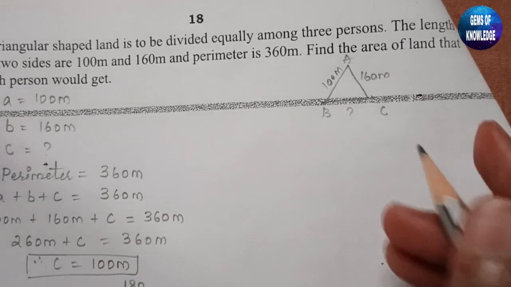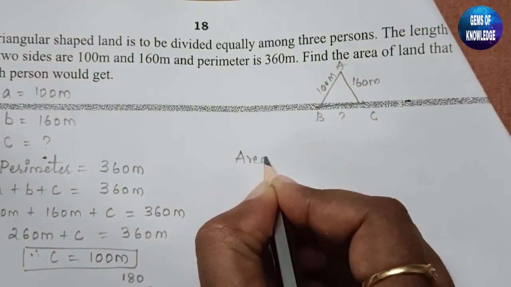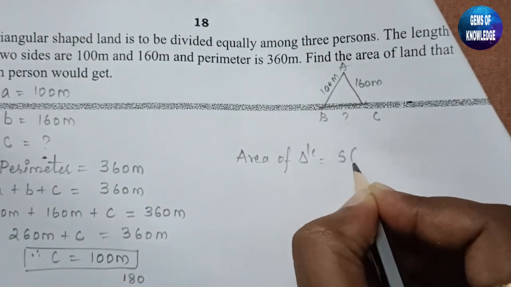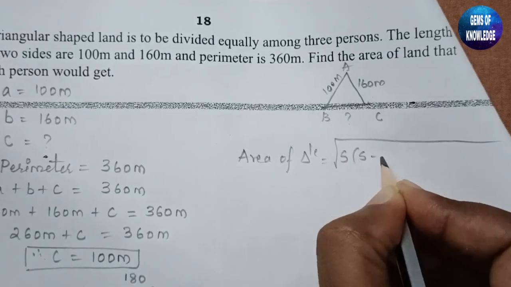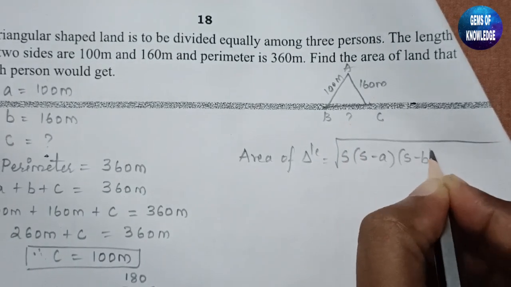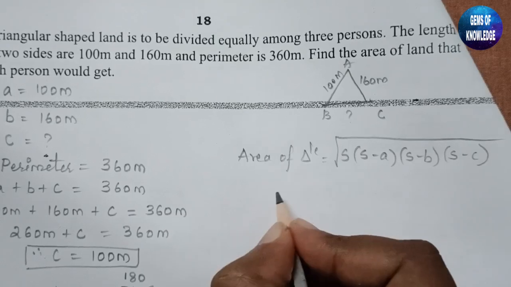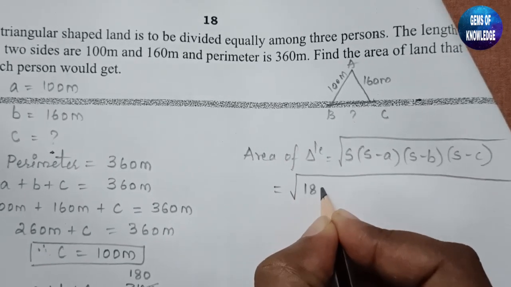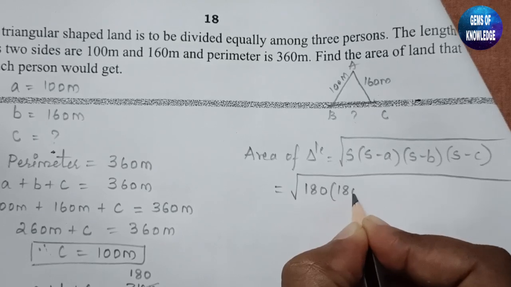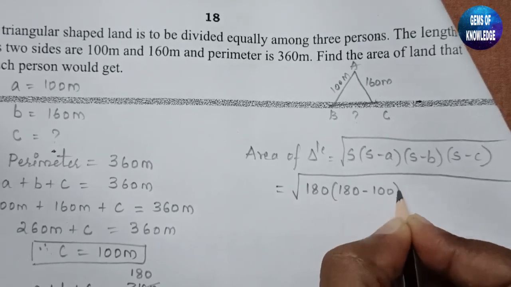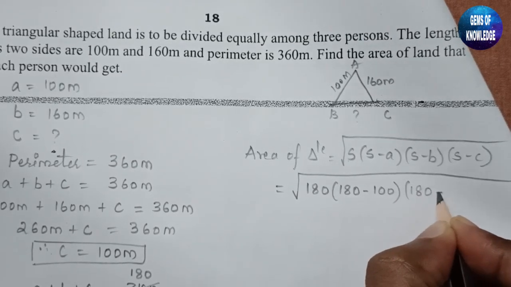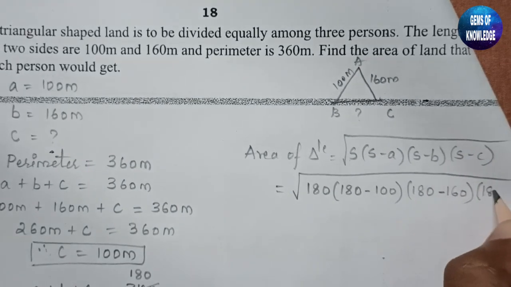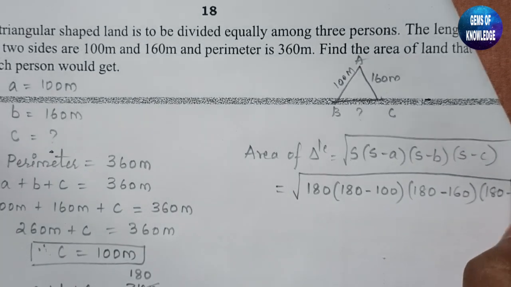So let us substitute into the formula. The area of a triangle is equal to root of S into S minus A into S minus B into S minus C. Let us substitute the values. Root of the S value we got as 180 into S minus A, which is 180 minus 100, into 180 minus B, which is 160, into 180 minus C, which we got as 100.